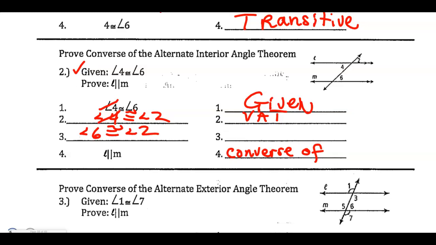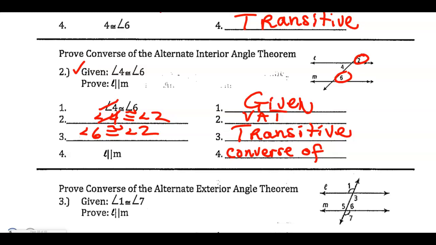Someone besides Isaiah and Mark. If you're 4 and you're 4, throw 4 out. If they're both equal to 4, why are they the same as each other? If 4 is 6 and 4 is 2, throw 4 out. 6 is the same as 2. We use transitive.